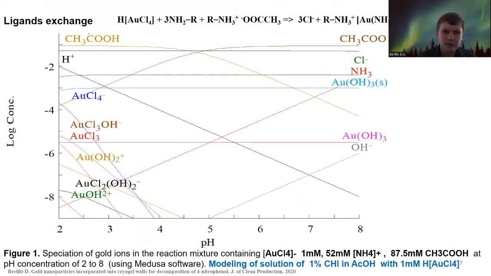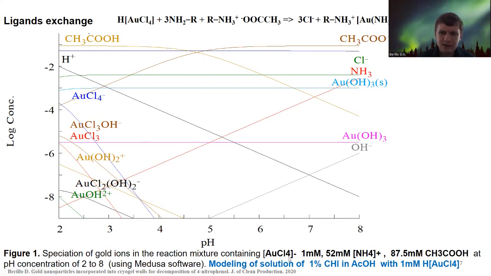Over time, we did some modeling using Medusa software, and as one can see, in the presence of ammonia, there can be ligand exchange with a hydroxyl group at pH around 3 and 4, and we assume that we also have the possibility of ligand exchange with the primary amino groups of hydrazine.